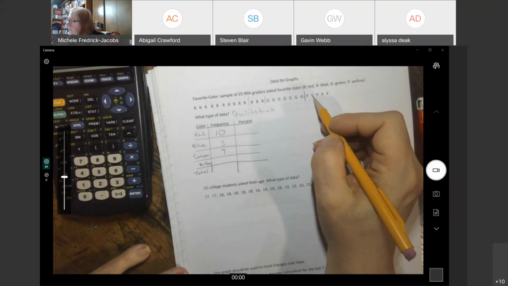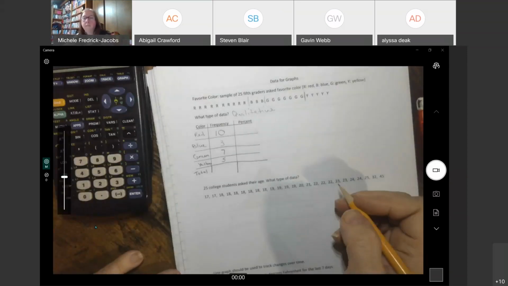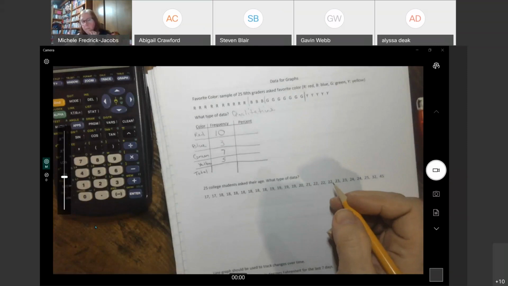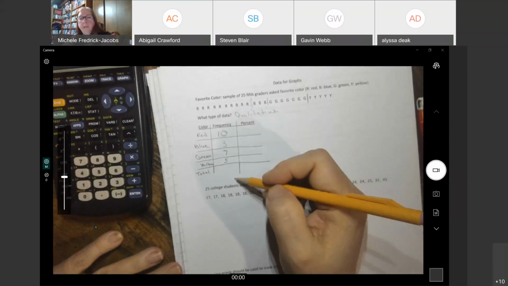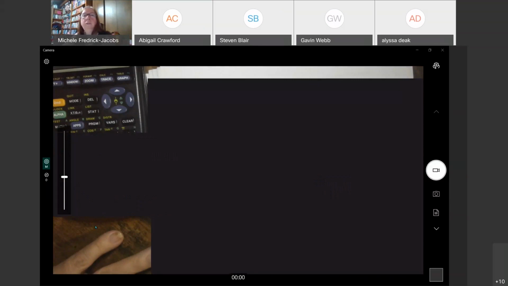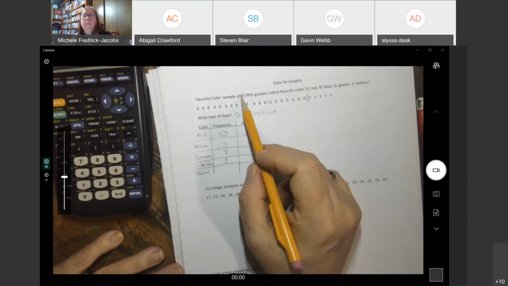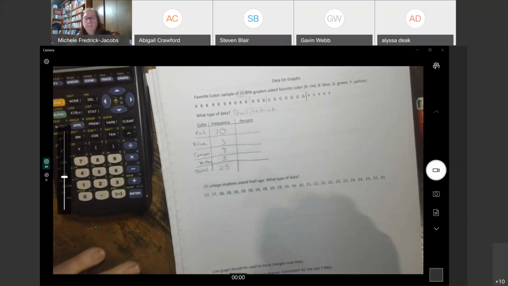Yellow, 1, 2, 3, 4, 5. Add them up and make sure we added correctly, and they add up to 25, and it said there was 25 of them. Any questions on that part?